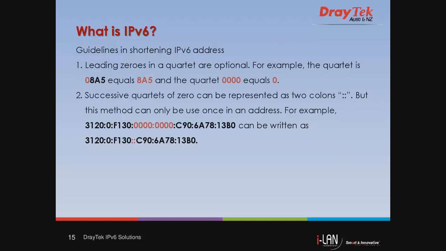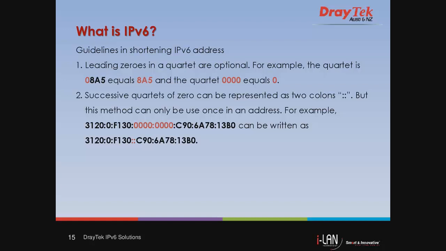IPv6 addresses use 4 times more bits compared to IPv4. That makes them longer and difficult to document. That is why there are guidelines on how to shorten an IPv6 address. Here are the guidelines. Leading zeros in a quartet are optional.